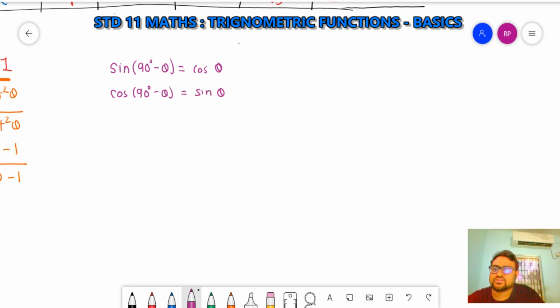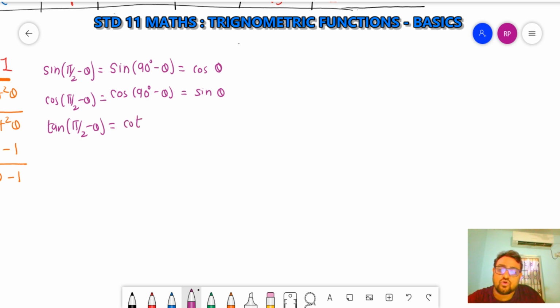I can also write this in this way. Sin pi by 2 minus theta, cos pi by 2 minus theta. Here, tan pi by 2 minus theta, I can write this as tan 90 degree minus theta, so this will be equal to cot theta.